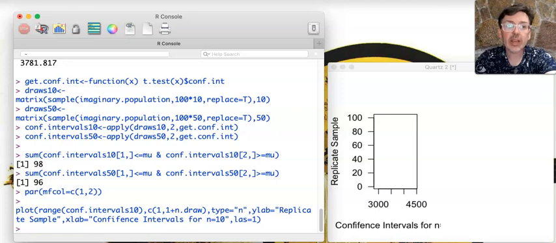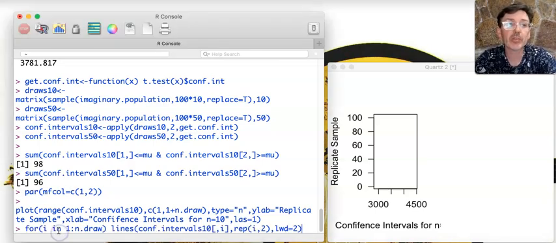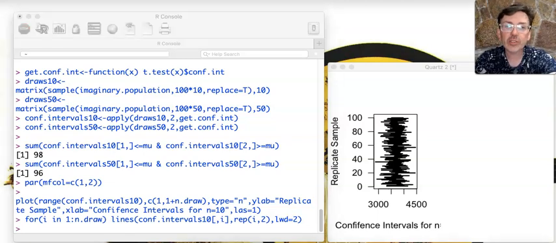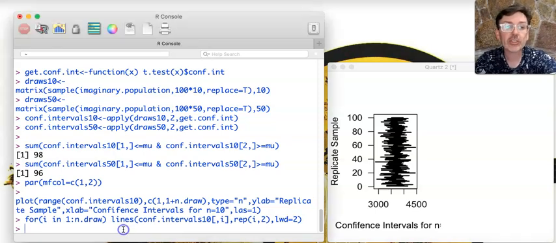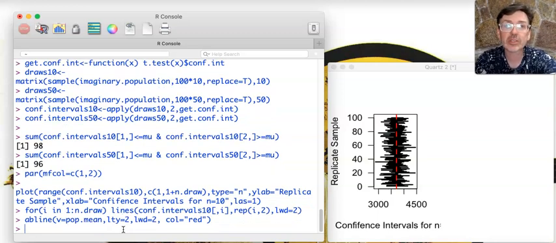And into here, I now want to draw in all my individual confidence lines. So I'm going to take the values from sample 1 to sample 100, and I want to just plot nice horizontal lines that represent those confidence intervals. The other thing I want to do is put in a vertical line that shows where the hypothetical true population mean is.